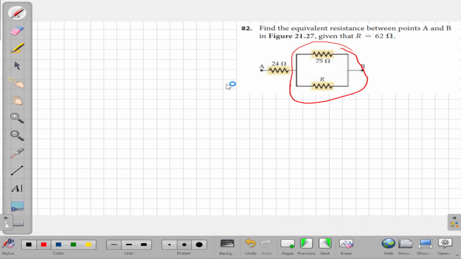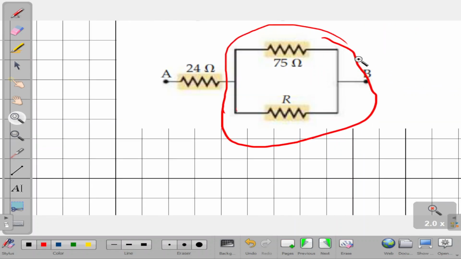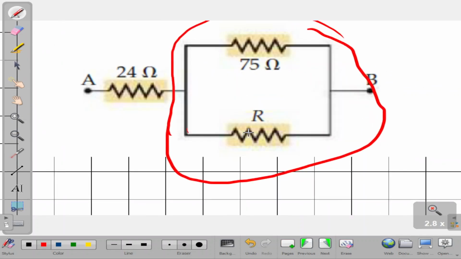We will notice that in this circuit, these two resistors are in parallel since they have two points in common. This is the first one and this is the second one. Since the first terminal of 75 ohm is connected to the first terminal of R and the second terminal is connected at this point with the second terminal of R, they are in parallel.